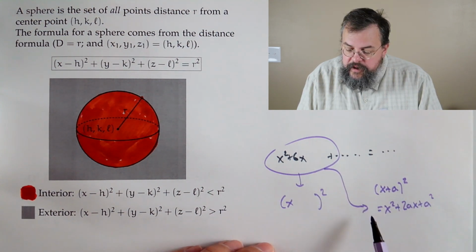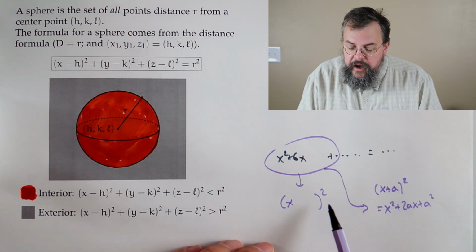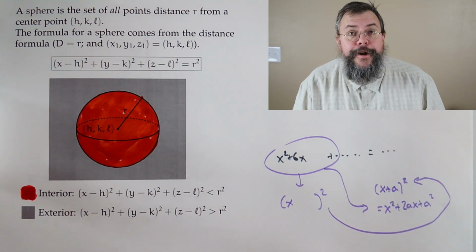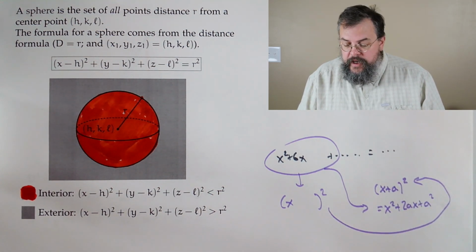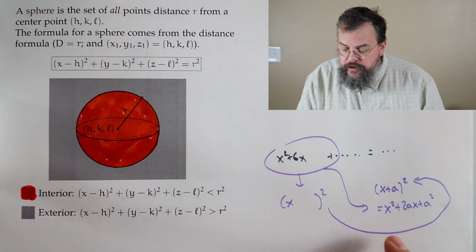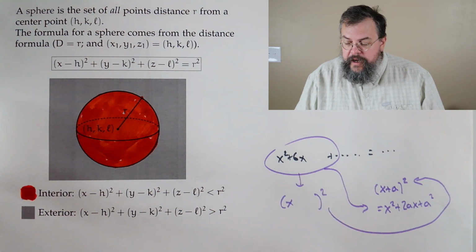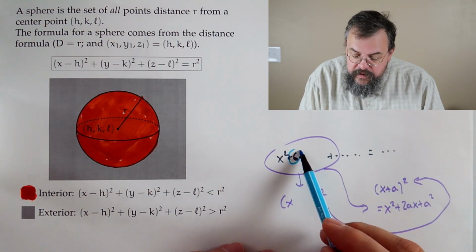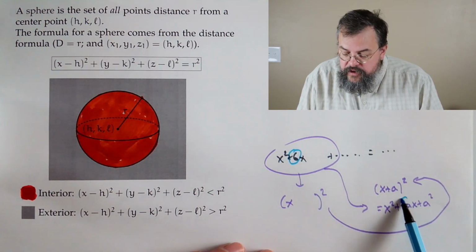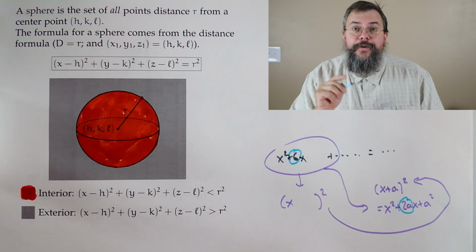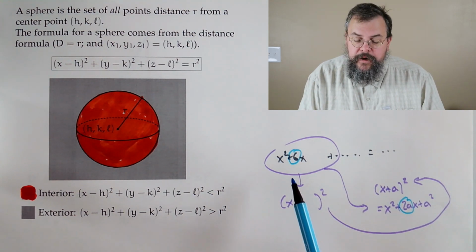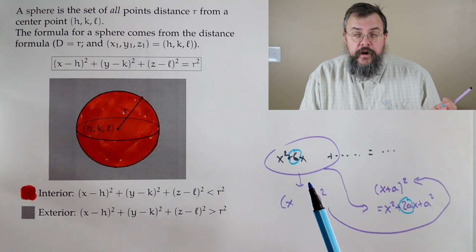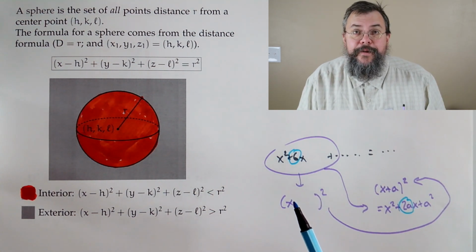That has to look like this piece. x squared, good, no problem. 2ax, well, that 6 is going to match up with that 2a. So now we have the idea: take whatever's in front of the x and divide by 2. In our case, 6 divided by 2 is 3.